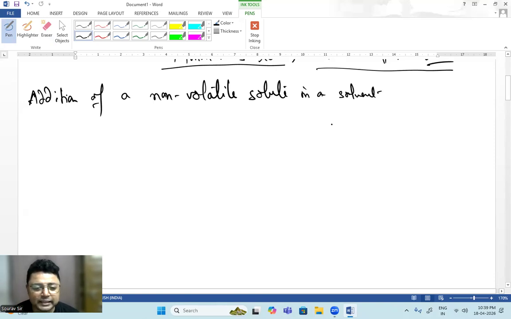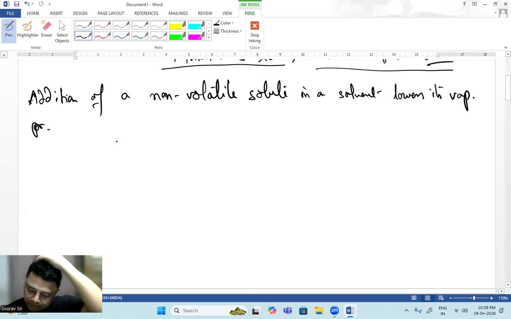The non-volatile solute can be NaCl, or any salt which is soluble in water. Addition of a non-volatile solute in a solvent lowers its vapor pressure. So the first criterion, lowering the vapor pressure, has been managed.